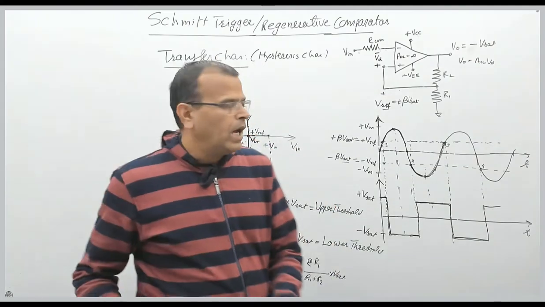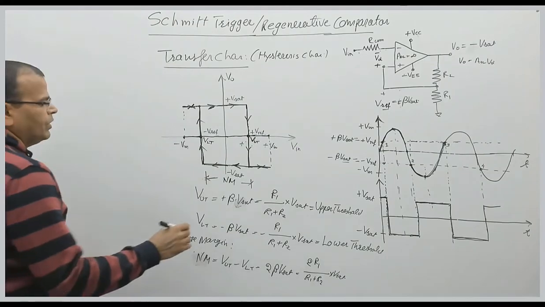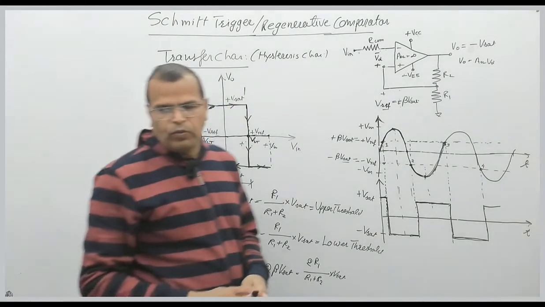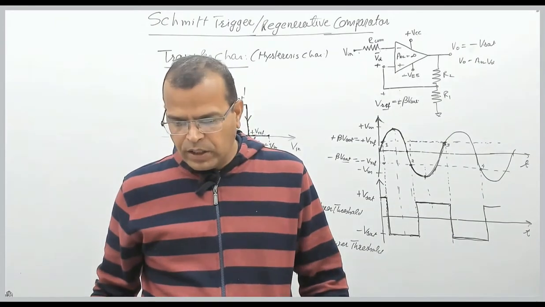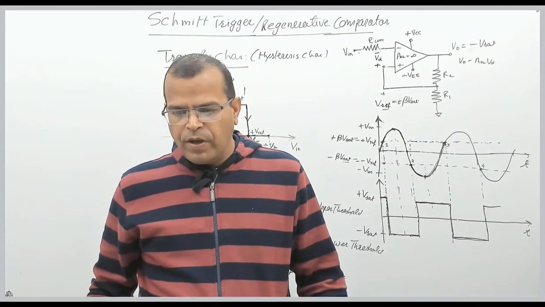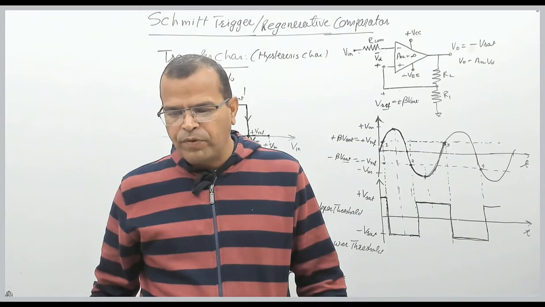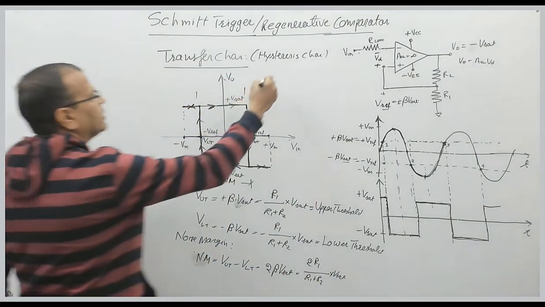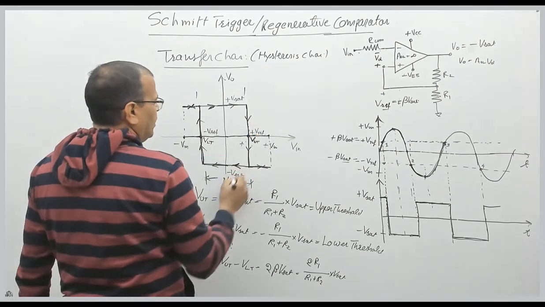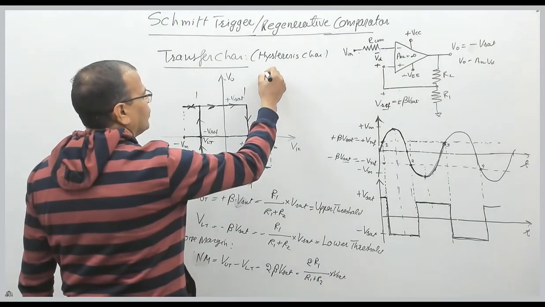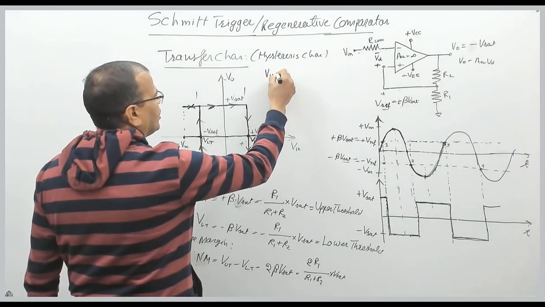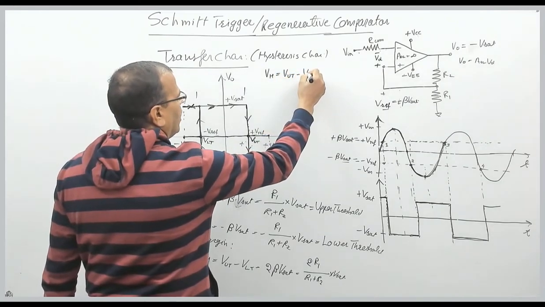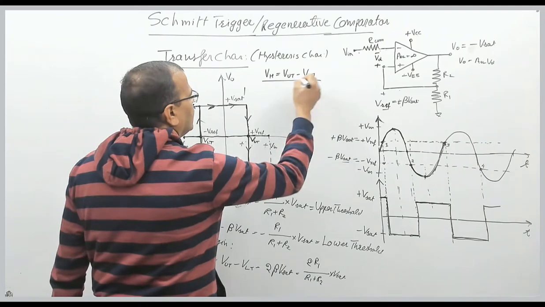Right? And from here to here, this is also called the hysteresis voltage as well. The hysteresis voltage is nothing but the difference between the upper and lower threshold voltage, right? Hysteresis voltage is the noise margin, and that is the difference of upper threshold and lower threshold.